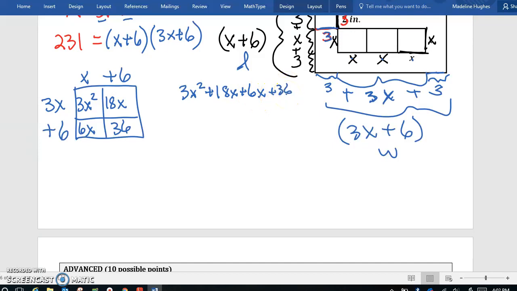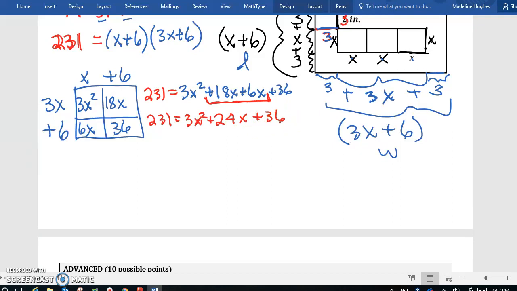Now remember though, we have this equal to 231, that's our area. I'm going to write equal to 231 here. And also I'm going to combine my x terms, so everything else will stay the same. So I still have 231 is equal to 3x squared. Now 18x plus 6x is plus 24x. And lastly, that's plus 36.